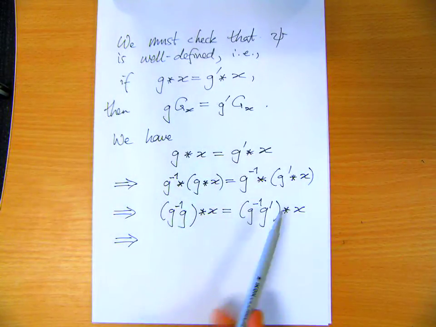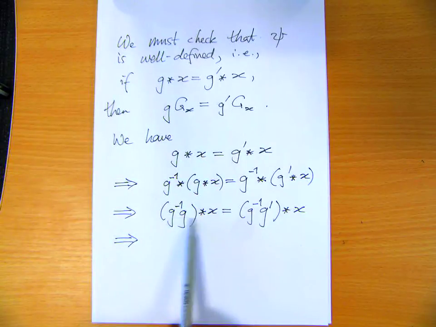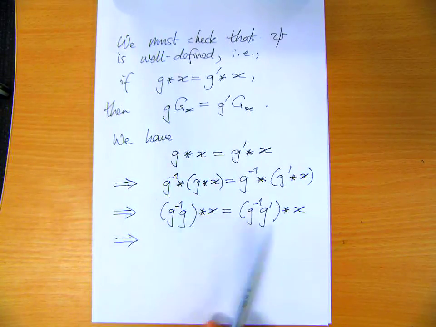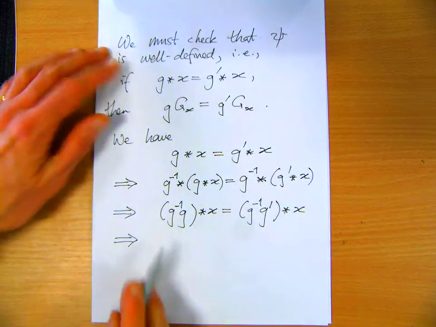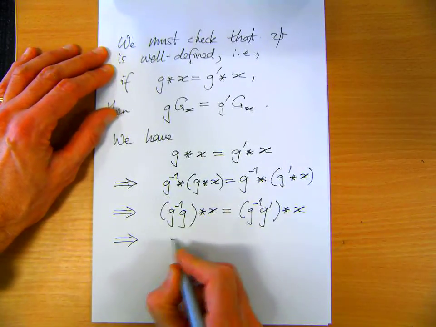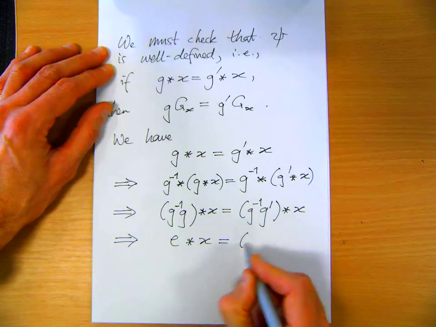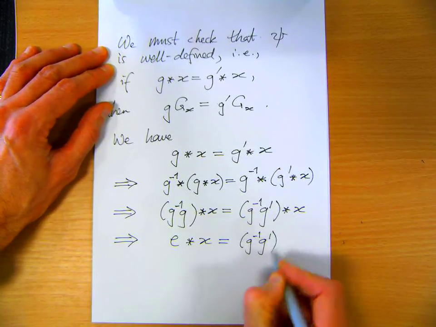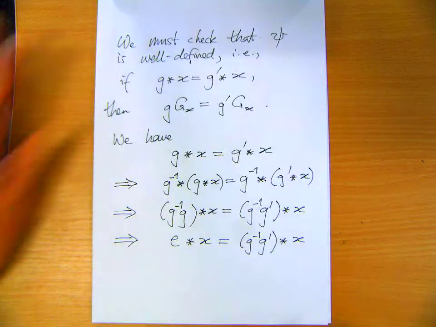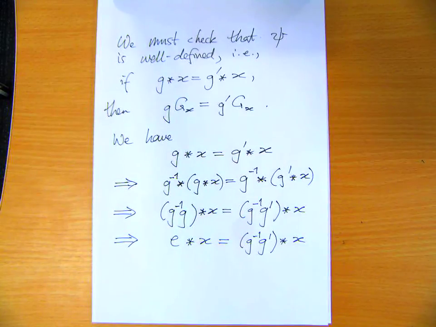And the two objects in brackets are just group elements in big G. The one on the left, G inverse G, of course, is the identity in big G. And I can't do anything with the one on the right at the moment. So that's using the fact that G inverse G is the identity element. That's just purely a computation in big G once we get inside this bracket.